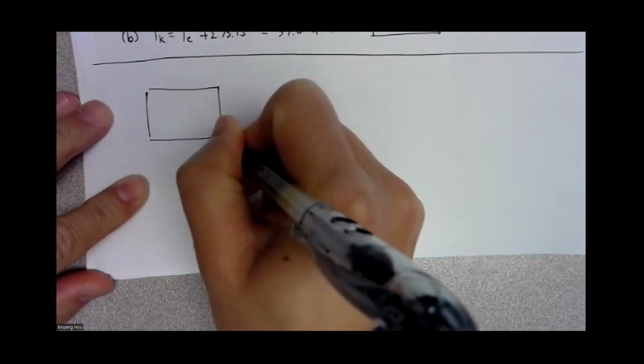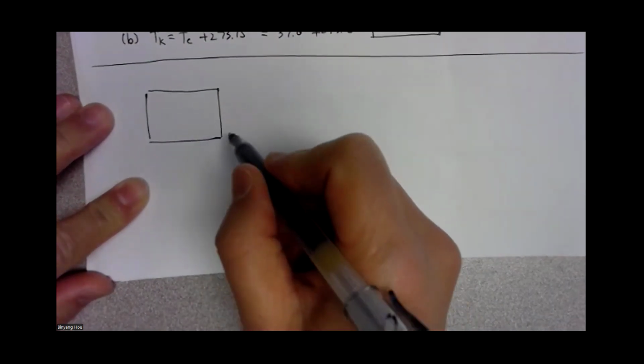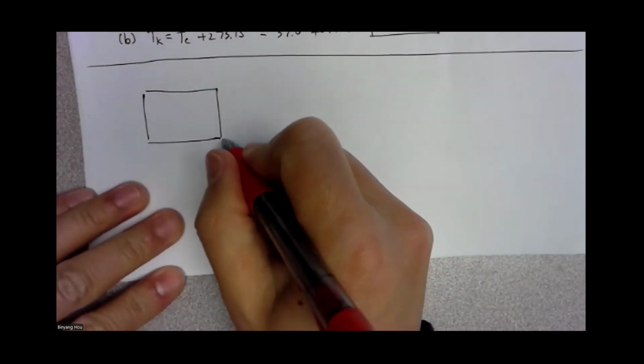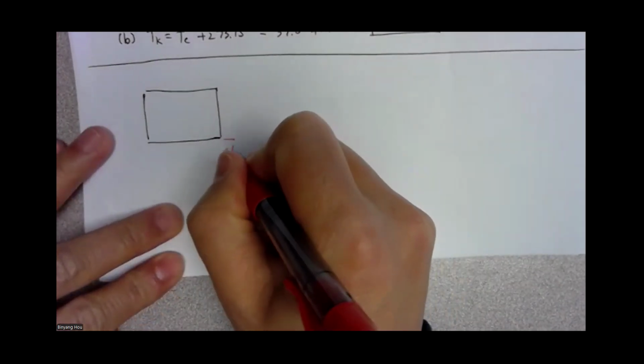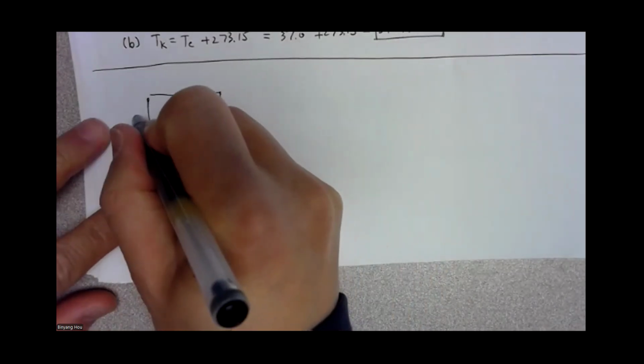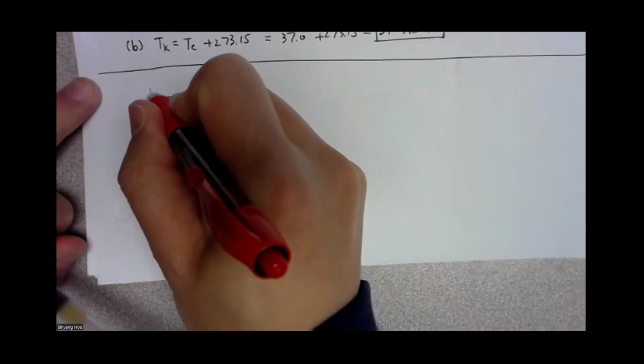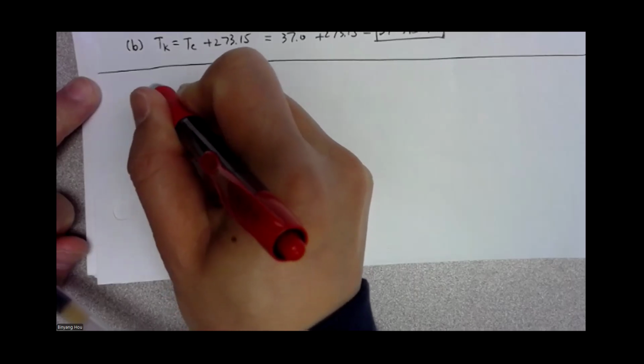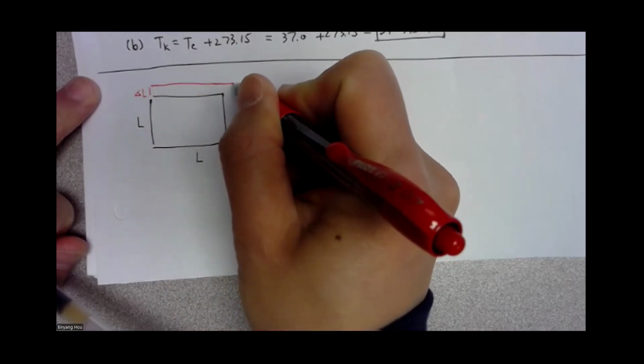So if there's a square material, and if it expands in two dimensions, it will expand in the X direction by this much, delta L. The original is L, okay? And then in the Y direction, original L, it will also expand by delta L. So now this material becomes this.